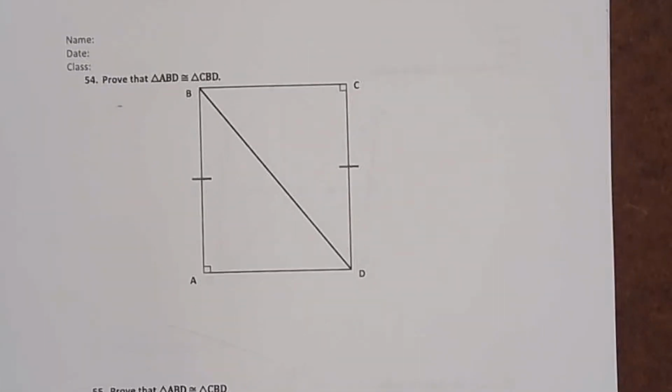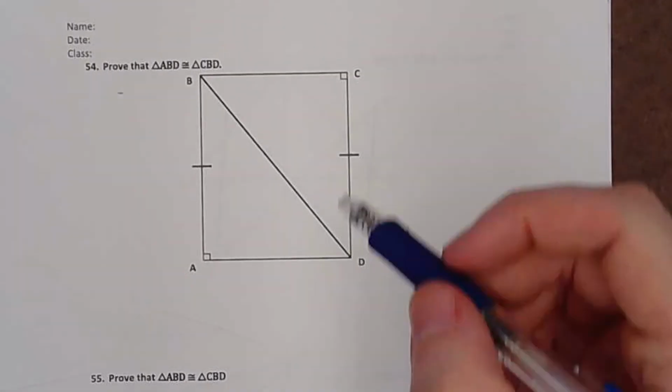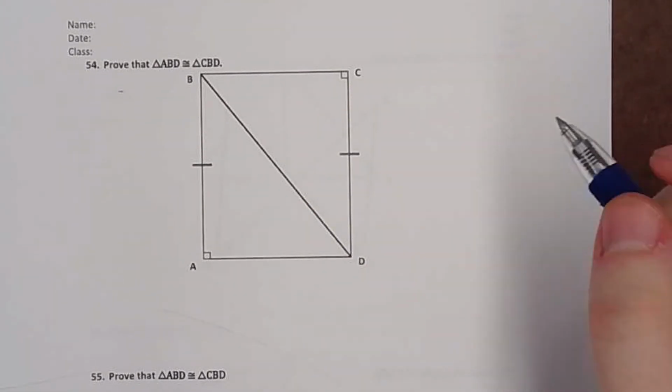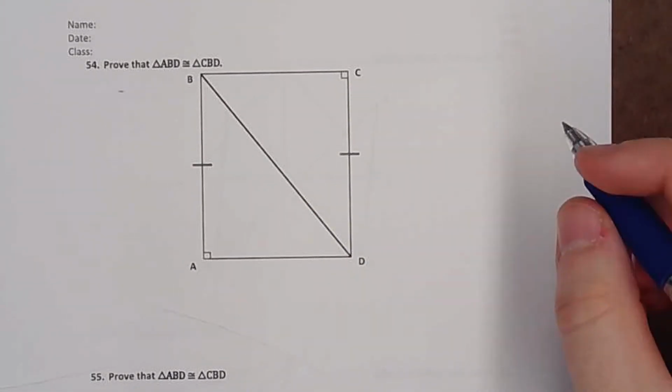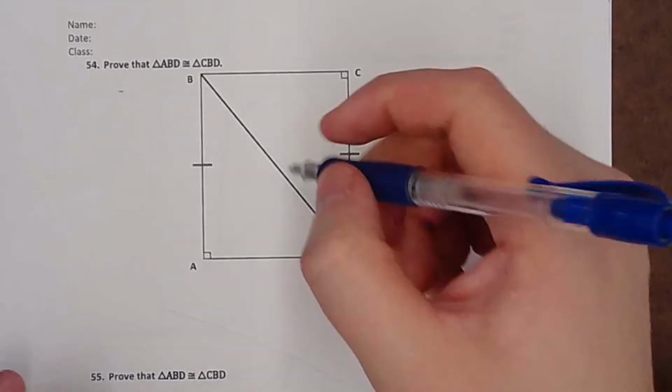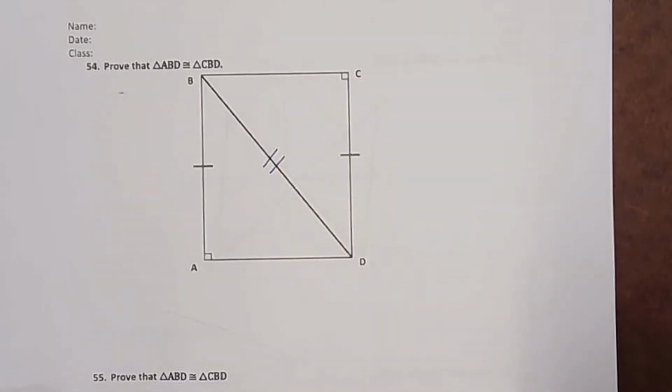I want to look at 54 real quick. How can we prove that these triangles are congruent? 54 on page 25. Gabe, this is your thing. No, remember, we can't prove triangles are congruent by CCP. It's only if we already know they're congruent. Then we can use CCP. Cheeks theorem, exactly. So we know that we have a shared side here, right?